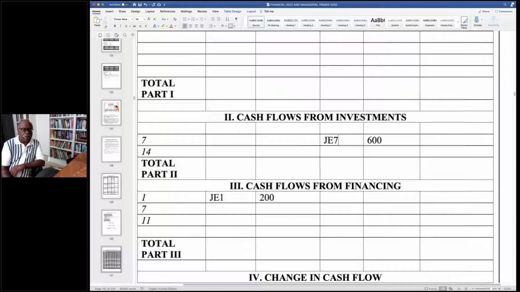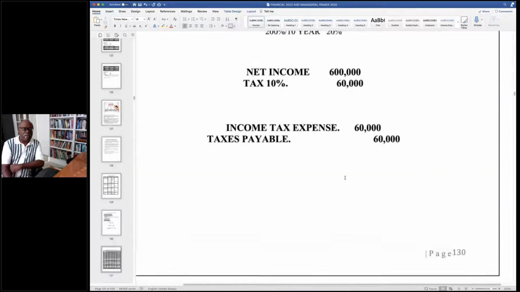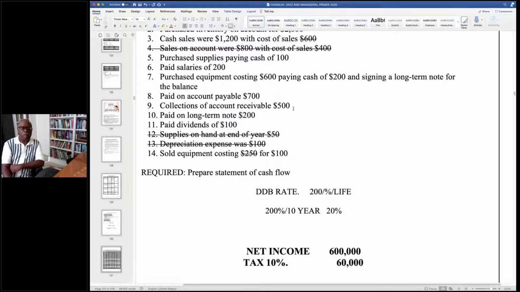But also for 7, we have JE5 for 400, which is the loan. So in effect, we bought something for 600, we borrowed 400 to pay part of it, and then we paid cash down of 200. So that's a little different, but we want to show that you bought something for 600 and you owe 400. You didn't buy something for 200, you bought it for 600, you owe 400.